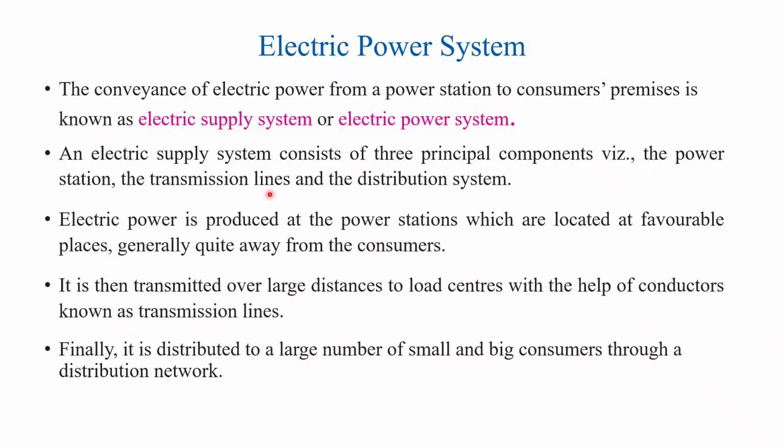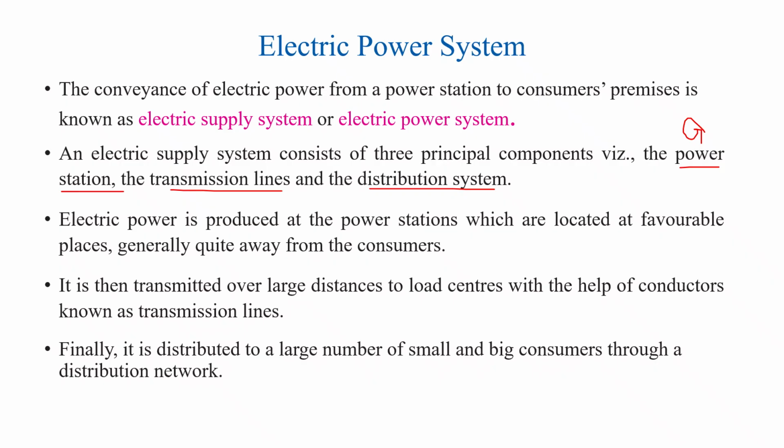The power station where the power is generated, then the transmission line which helps the power to be transmitted, and the last one is the distribution system from where it is distributed to the consumer's premises.